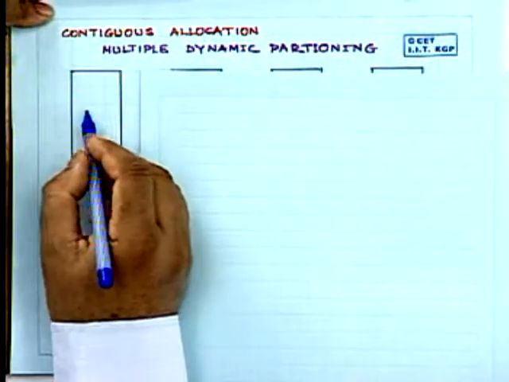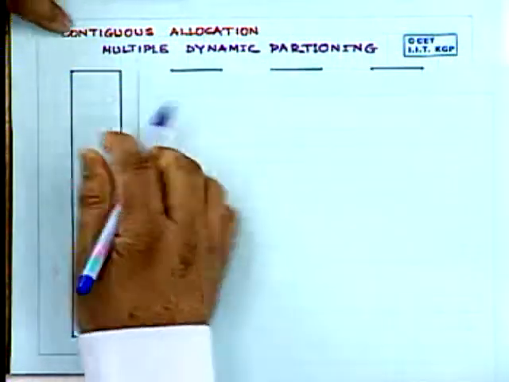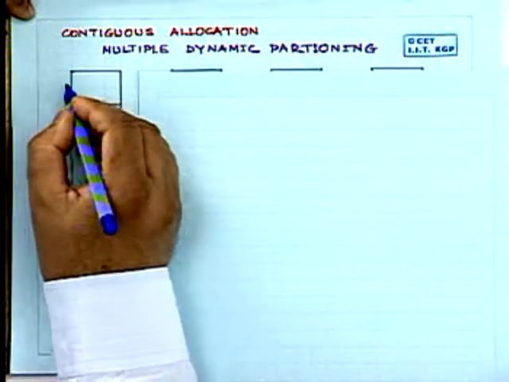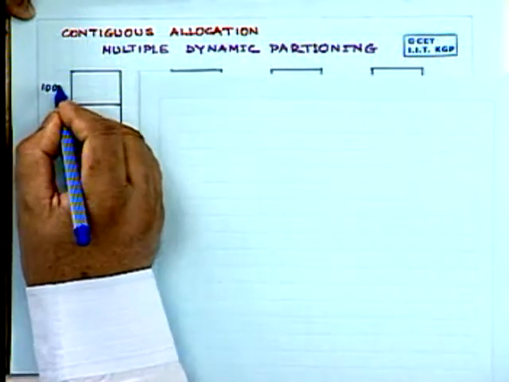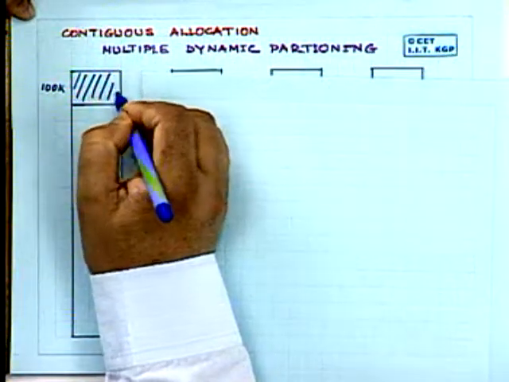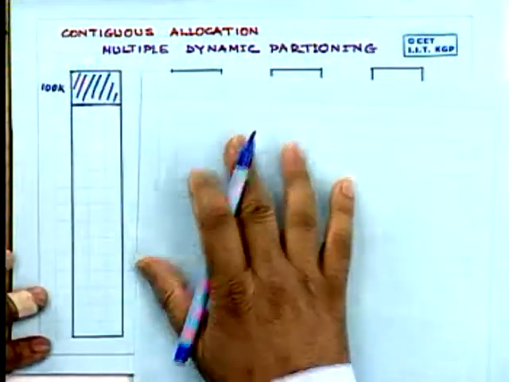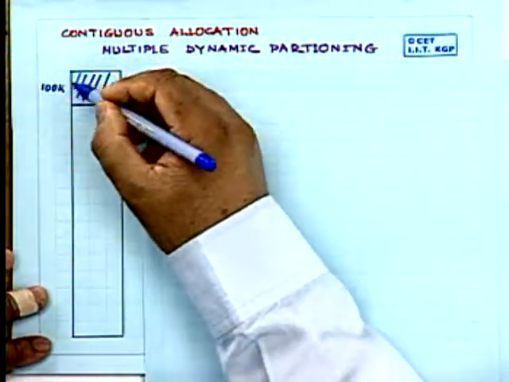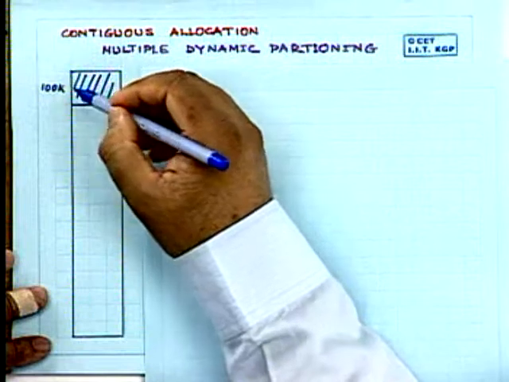for example, a process of size 100K has come, we take a partition of say 100K and allocate that portion of the memory to that particular process.